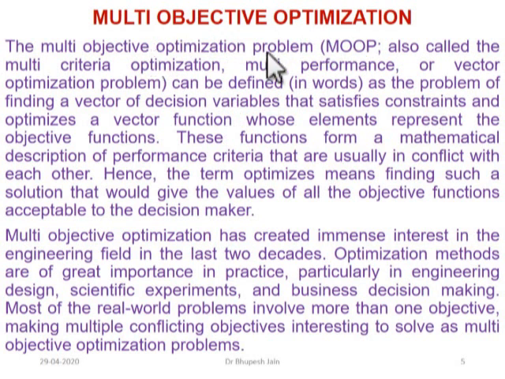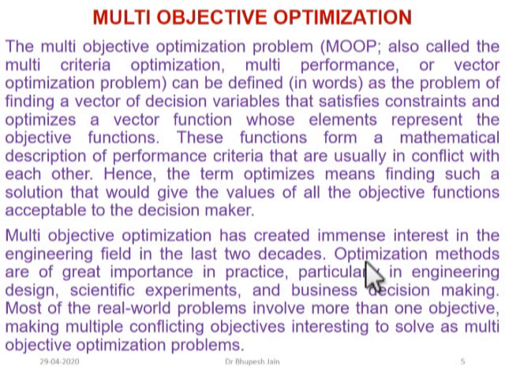Now, what is multi-objective optimization? The optimization problem is called a multi-performance or vector optimization problem when there are various objectives. If you are designing a water resource project, there are several objectives.